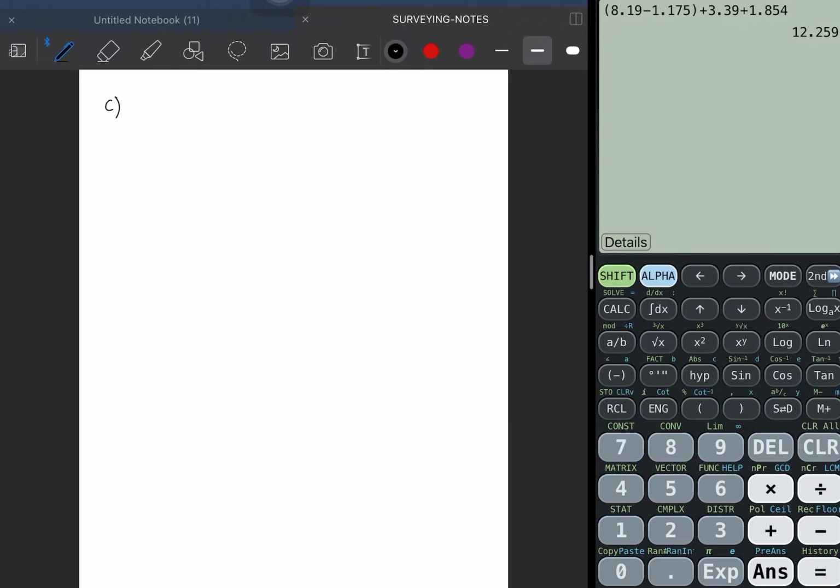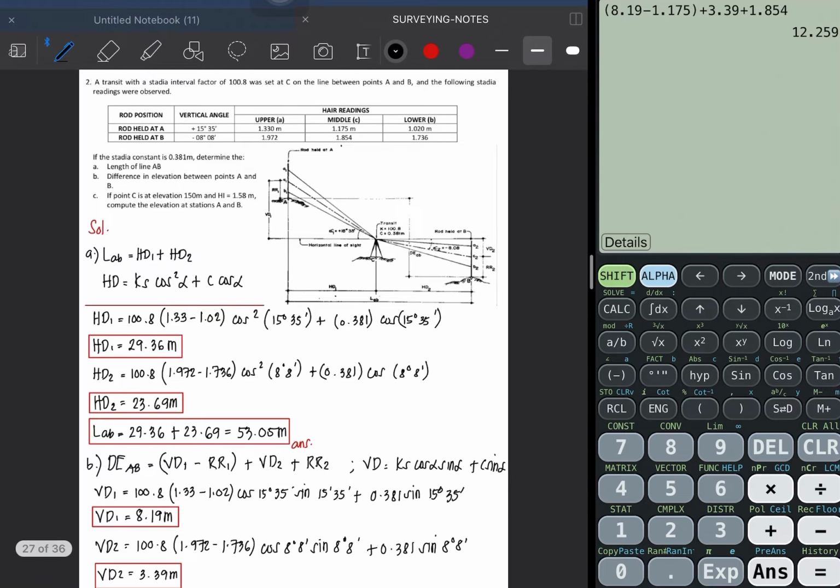Okay? So at C, you have elevation C, that is 150, and then HI is 1.58 meters.